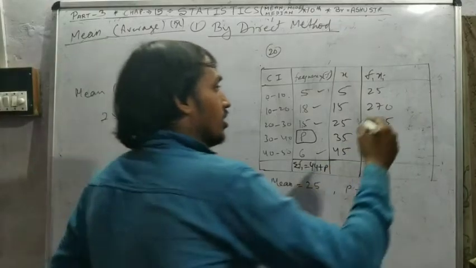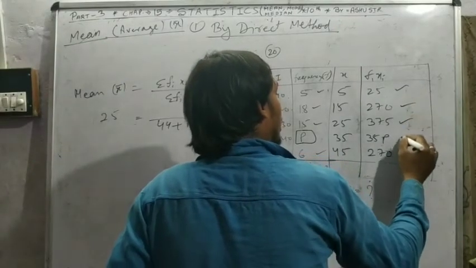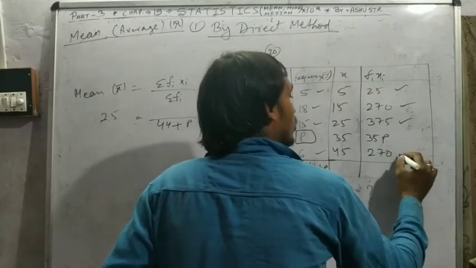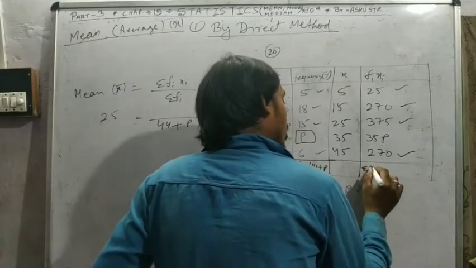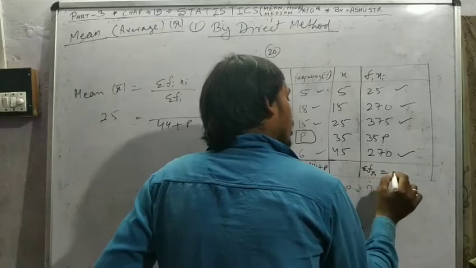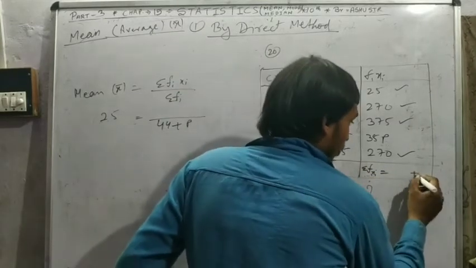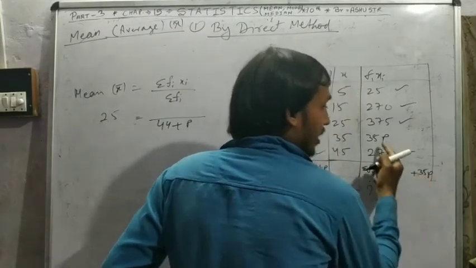Only add the numbers; sigma of fx is the sum, plus 35P as the separate variable term.